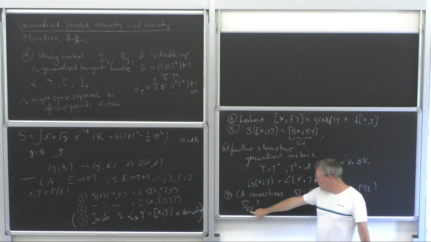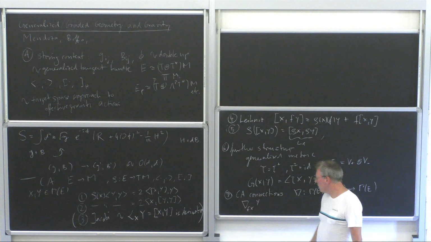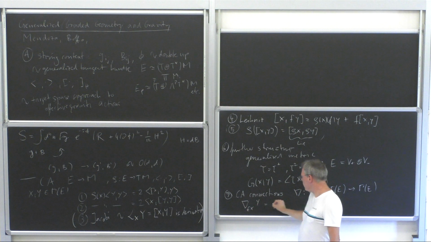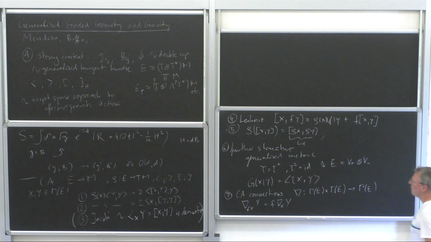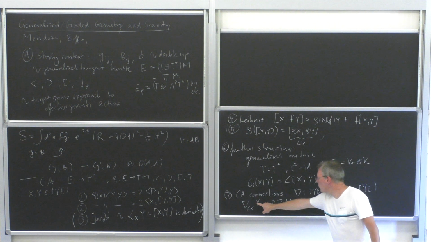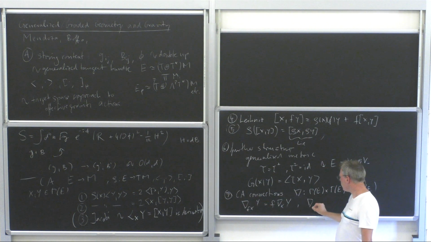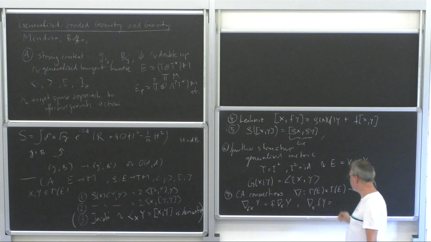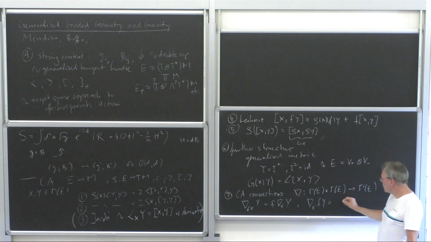But we're linear in functions in the first slot, so I can pull f out here, so it's f times the connection along X on Y, and if I put an f in front of Y, this thing acts on it with the anchor map.